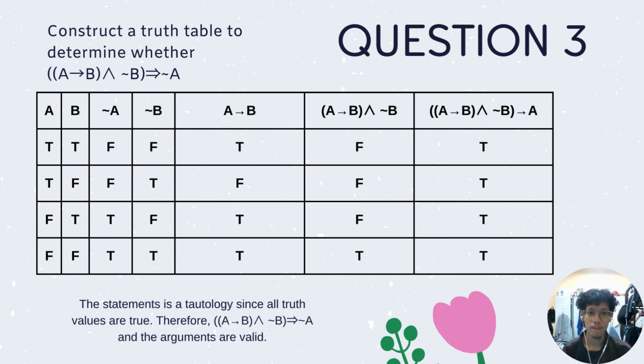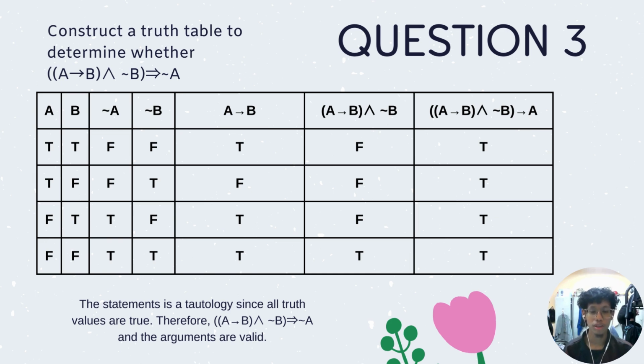Then (A implies B) and negation of B will be false, false, false, and true. The last one, ((A implies B) and negation of B) implies negation of A, will be true, true, true, and true.